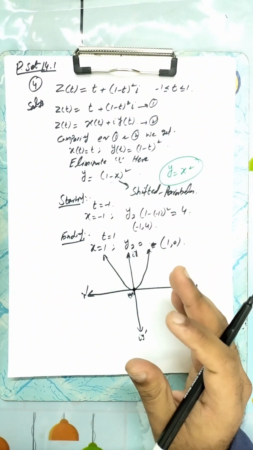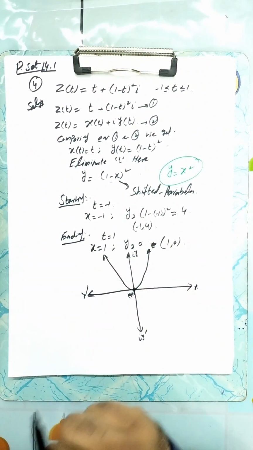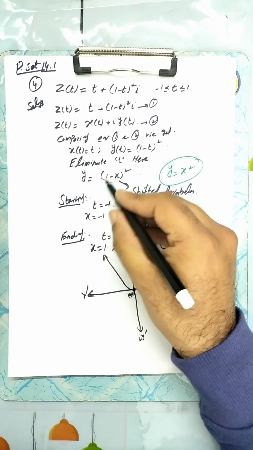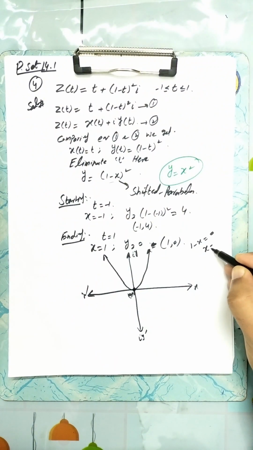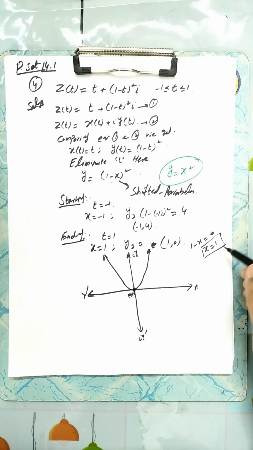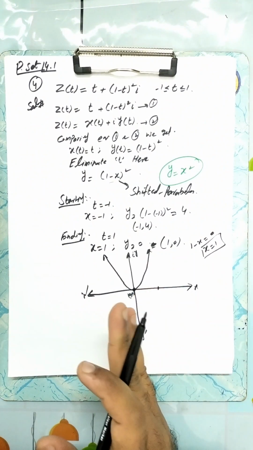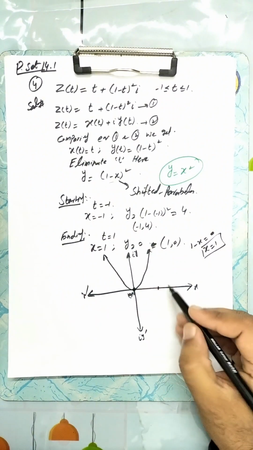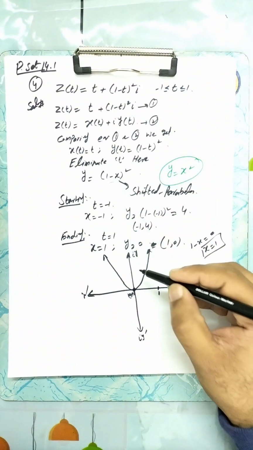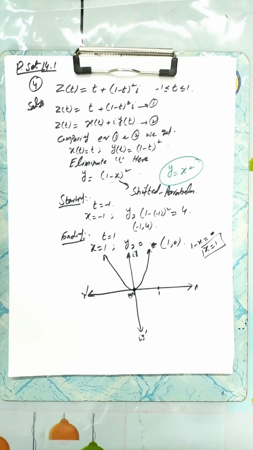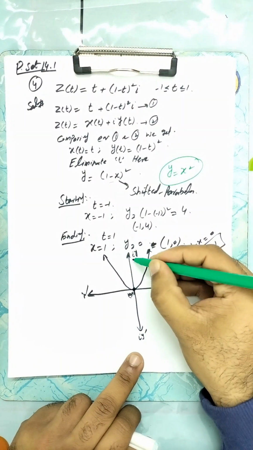So first we check whether the shift is to the right or left side of the x-axis. For this we put 1 - x = 0, so x = 1. It means this parabola shifts to the right side. So our parabola y = x² shifts along the right side.